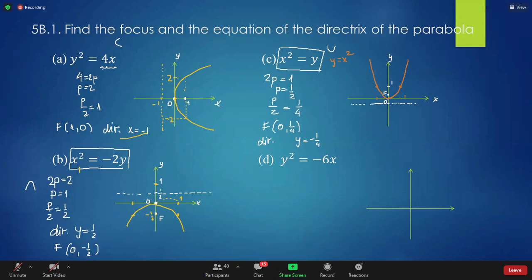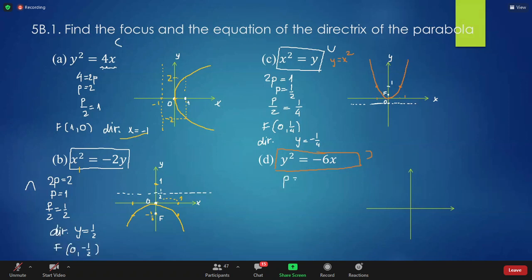So that's worth noticing. Now we have D, which will evidently open in the negative x direction, because we have x times minus 6. It will open in the negative x direction. And so we can see 2p is 6.